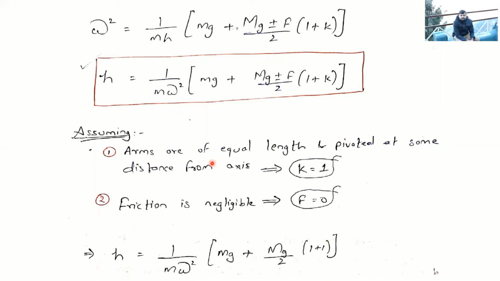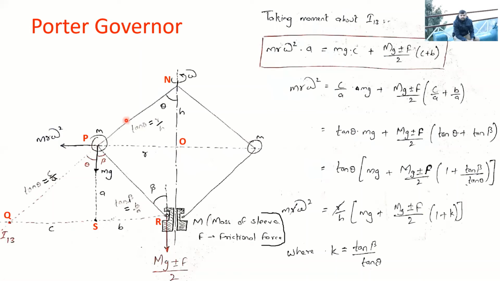Now, let's assume that both the arms are of equal length and pivoted at the same distance from the axis. Means these arms, that is this PN and PR, are of equal length, and this upper arm also has some eccentricity.